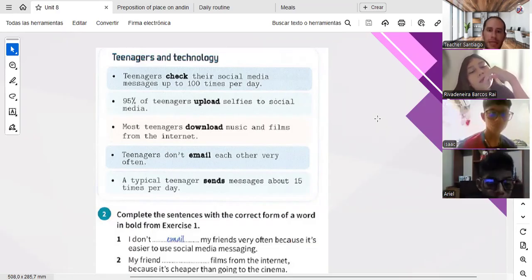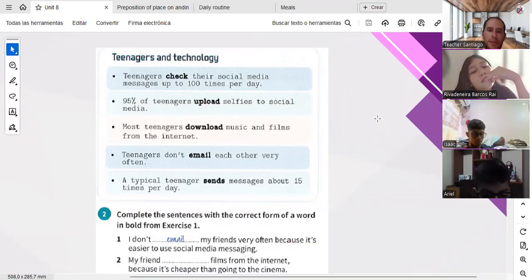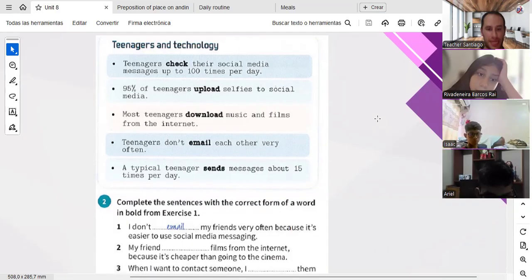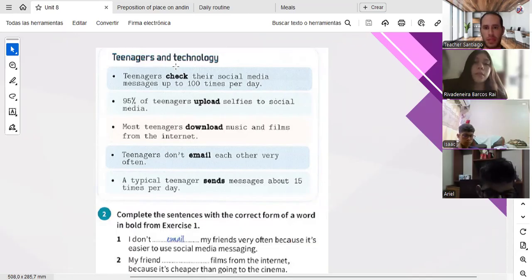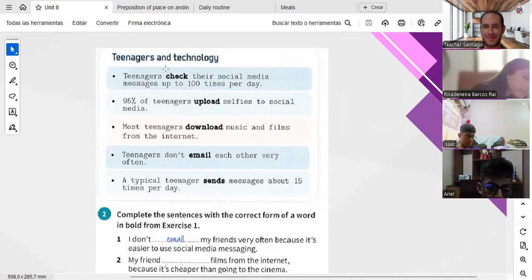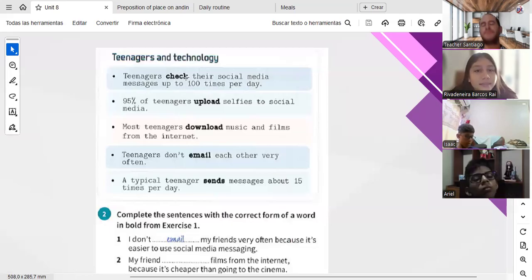Teenagers don't email each other very often. A typical teenager sends messages about 15 times per day. So, do you know the meaning of these words in bold? Check. Fiorella, what's the meaning of check? Revisar. Awesome. Well done. Upload. Jilansi, please.